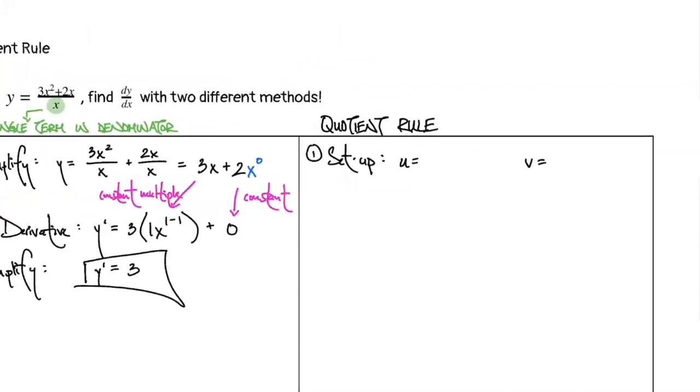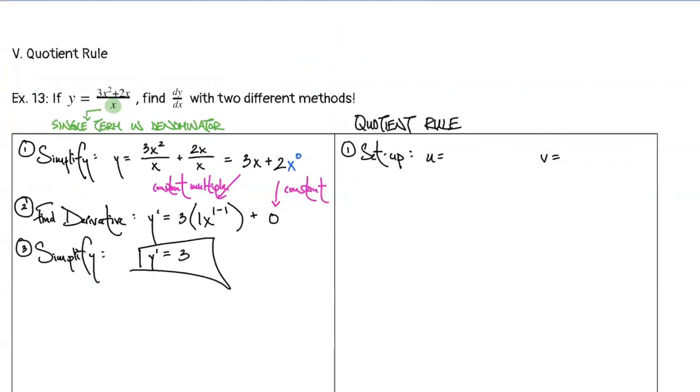The way we find the U and V is the U is going to be the numerator and the V is going to be the denominator. Okay, so in this case, our numerator is 3x squared plus 2x. So I'm going to go ahead and put that for my U. And my denominator is V. So V will just be x.